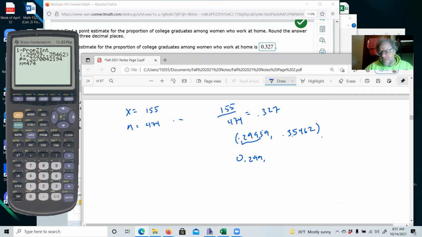And this 6 will contribute, so it's going to be 0.355. So somewhere between close to 30% and 35.5%. If I was going to tell this to a human being, my proportion would be 29.9% to 35.5%. That's what we'd probably say.